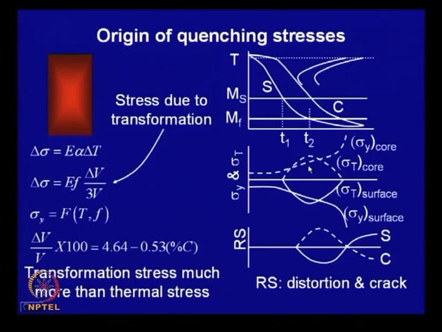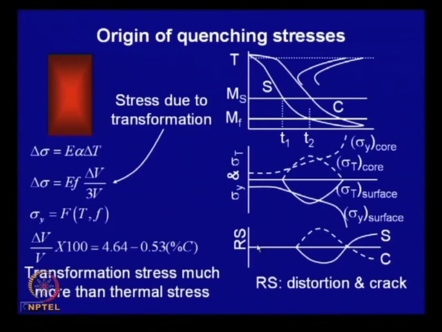What we have shown in this particular case is the effect of transformation stresses. You can similarly find the stresses originating from thermal stress, but this diagram shows how the stresses developed at various stages of cooling.